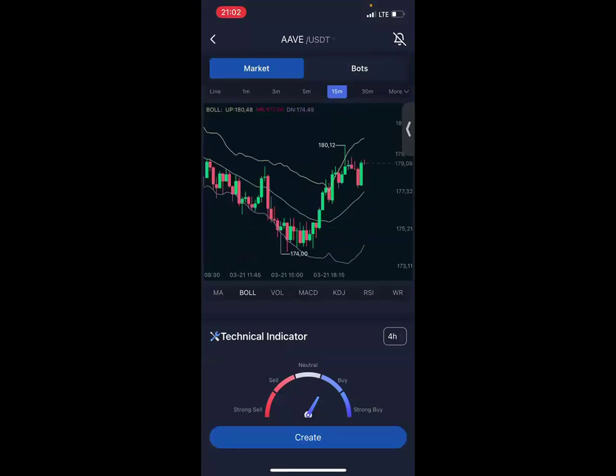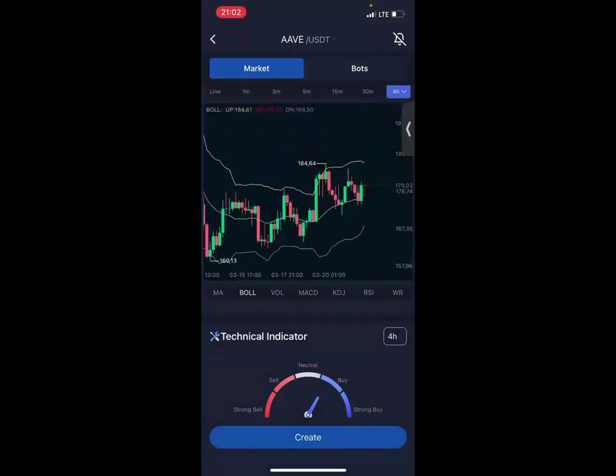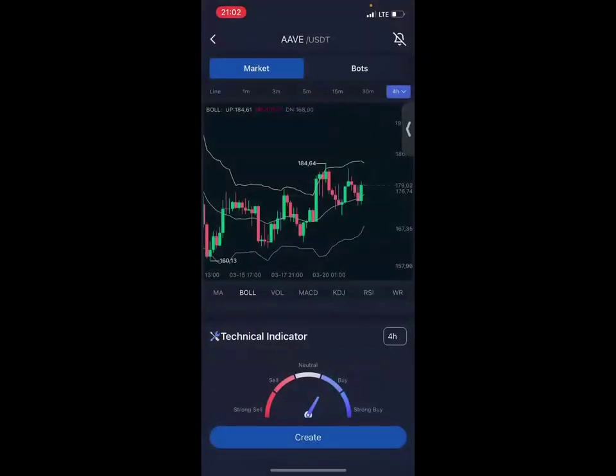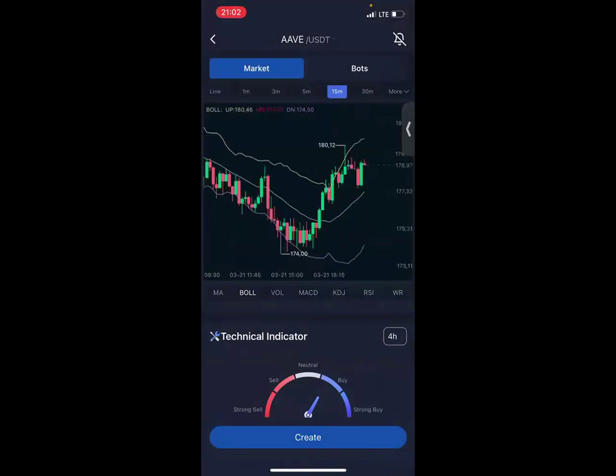See here, for example, before we were on a higher time frame, let me see 4 hours, and you can see price is still around the middle bound here. If you go back to the 15 minutes, you can see what price is doing. It's above here.